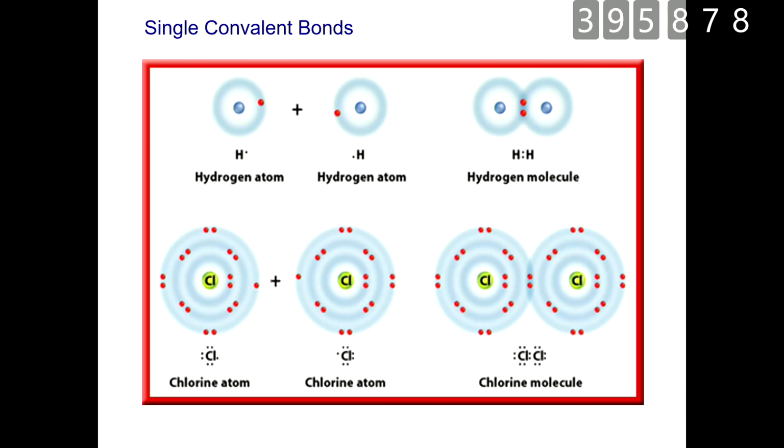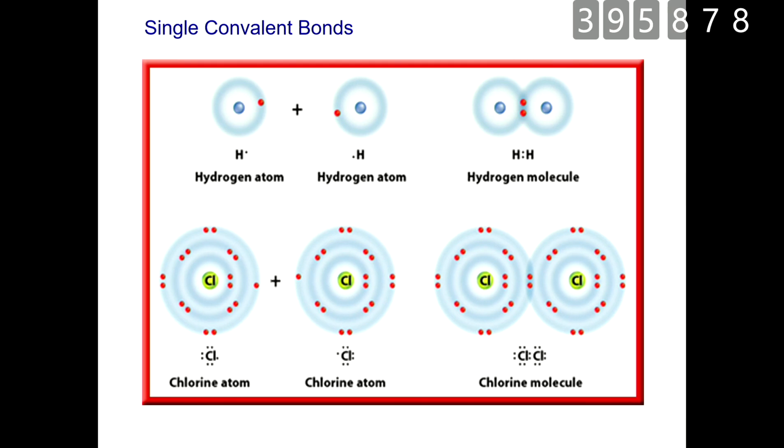We also can use this picture to show the formation of a single covalent bond, like 2 hydrogen, right? Each hydrogen has 1 electron. So they share these 2 electrons and form a single bond. And the 2 chlorine, each chlorine has 7 valence electrons.